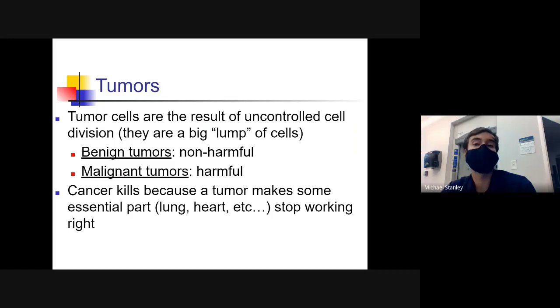So the main reason why people die of cancer is it's not like some poison that builds up in their body and causes them to eventually die. They die because all of this cell growth, all of these tumors that grow, make it too hard for some other super important part of the body to keep working.